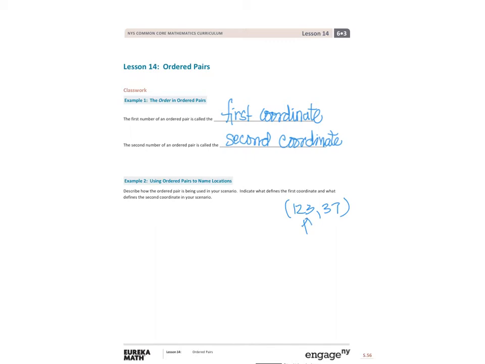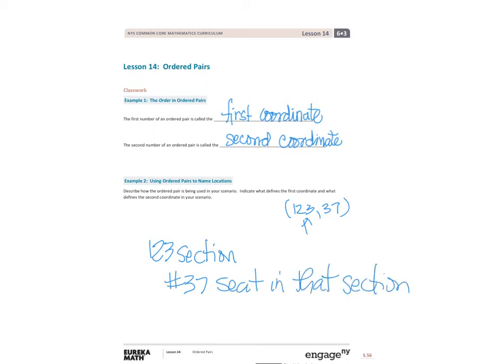So the 123 is the section that you're in, and then number 37 is the seat in that section. Just so that we're understanding, in this scenario each number in the ordered pair corresponds to a particular section and then a particular seat. Okay, that's enough on that one.